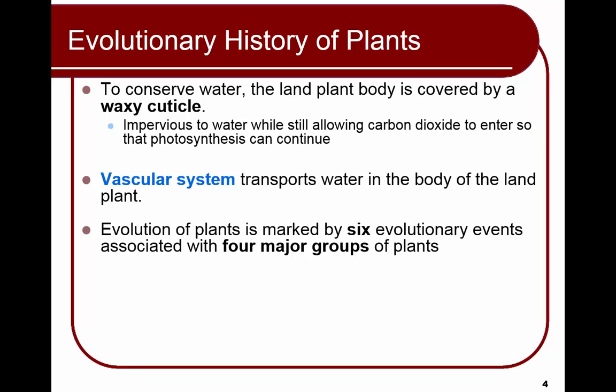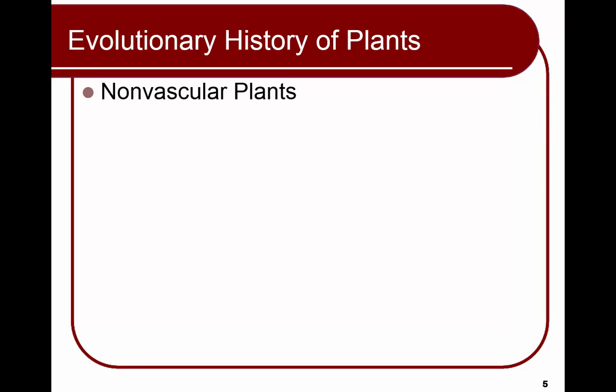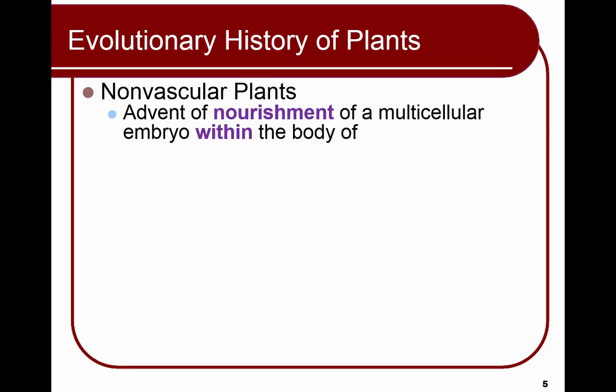And if you look on page 92, that shows the sequence in which land plants evolved adaptive features for existence on land. Looking at group 1, our non-vascular plants. This is where we had the beginning of nourishment of the multicellular embryo within the body of the female plant.